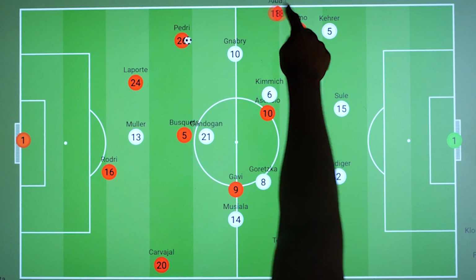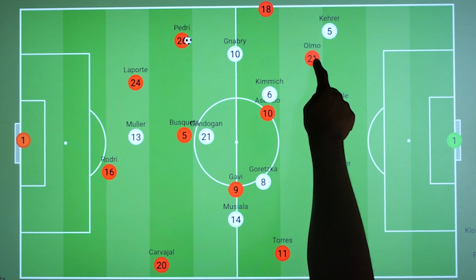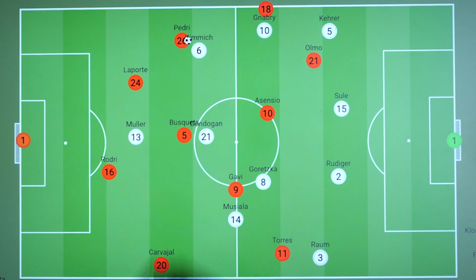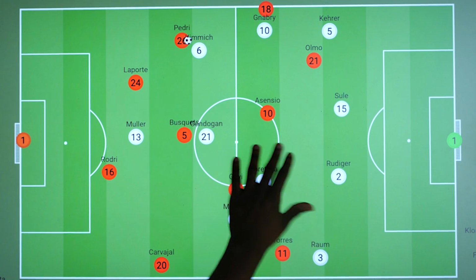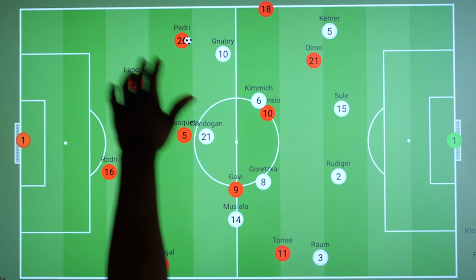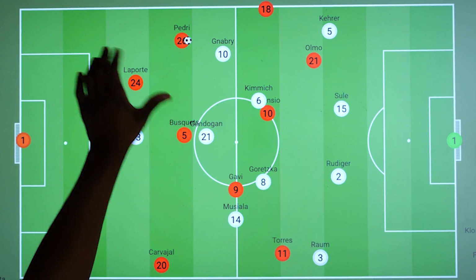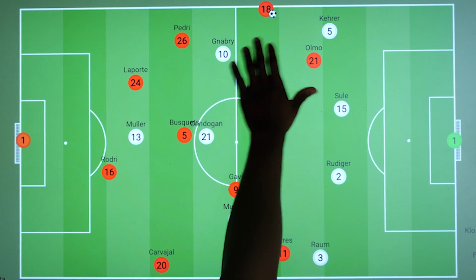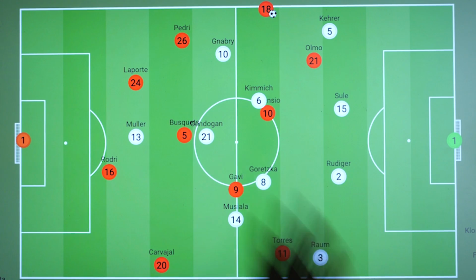This would now allow Alba to push higher up on the left-hand side with Olmo. So now, if Kimmich had continued to follow Pedri, Asensio would potentially be free to receive in the midfield. Or, if Gnabry was looking to pick up Pedri, who they had to close down as he's so important to Spain's build-up play, Alba could receive, and he and Olmo would have a 2 versus 1, and they could create dangerous situations.